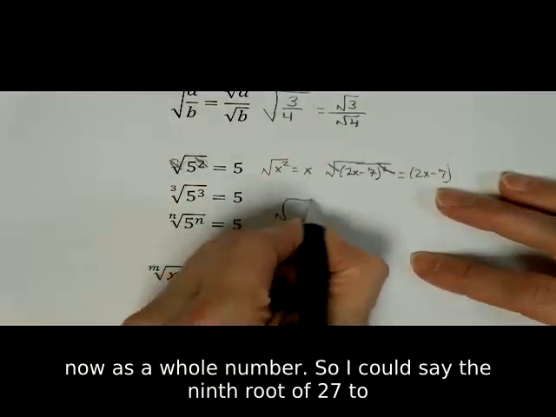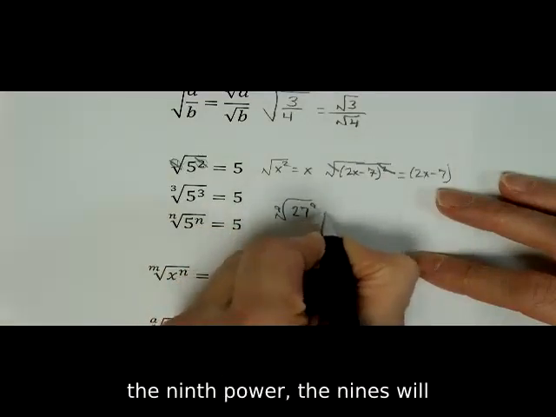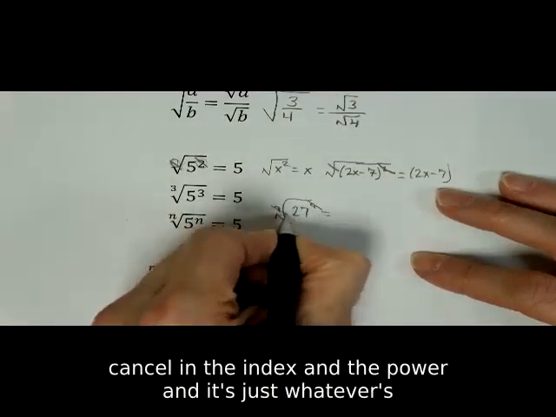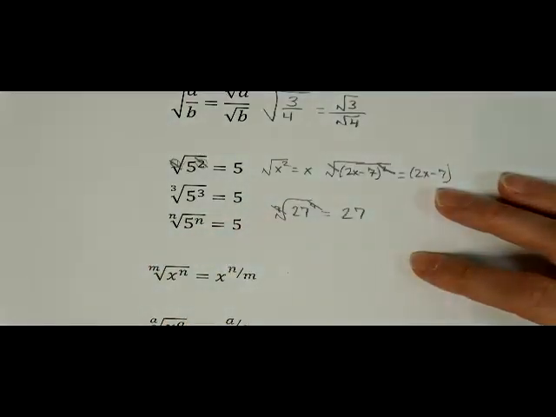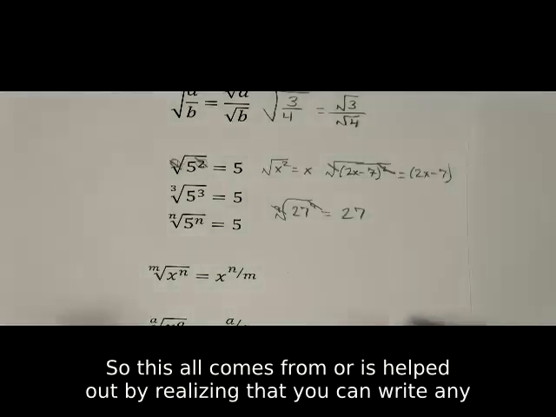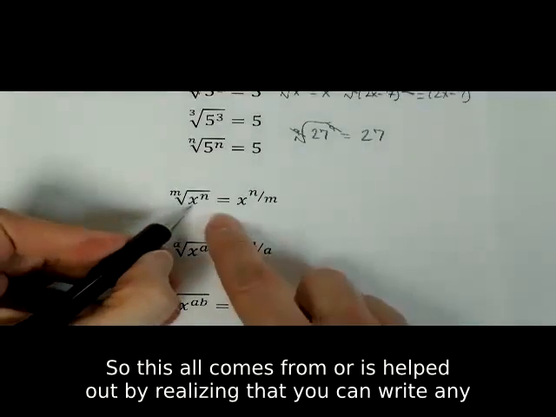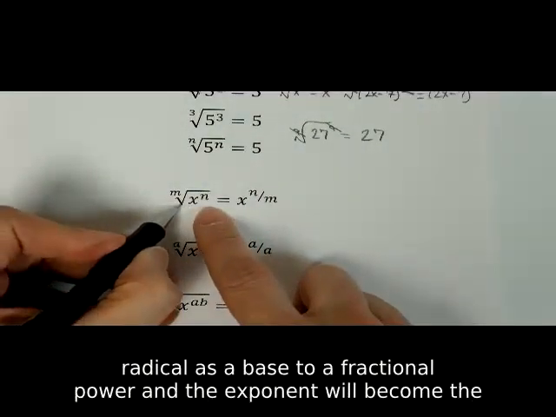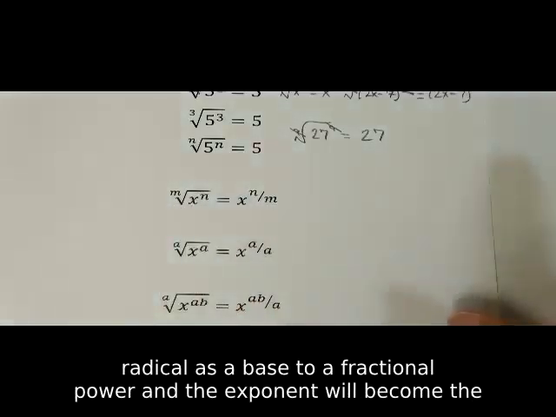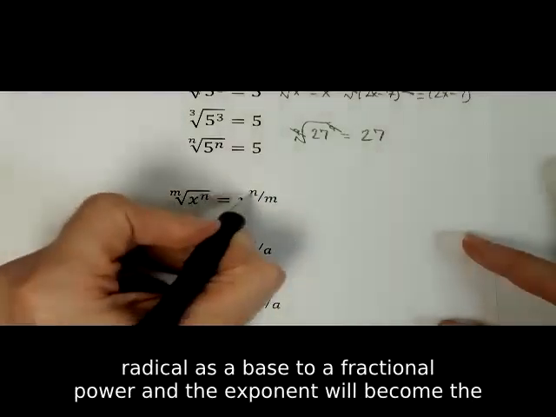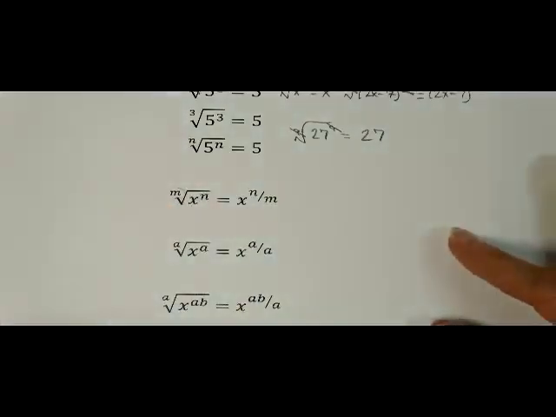So I could say the 9th root of 27 to the 9th power. The 9's will cancel in the index and the power, and it's just whatever's raised to that power. This all comes from, or is helped out by, realizing that you can write any radical as a base to a fractional power. The exponent becomes the numerator, the index becomes the denominator.